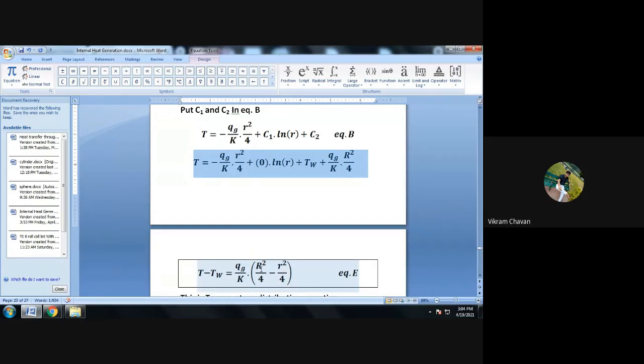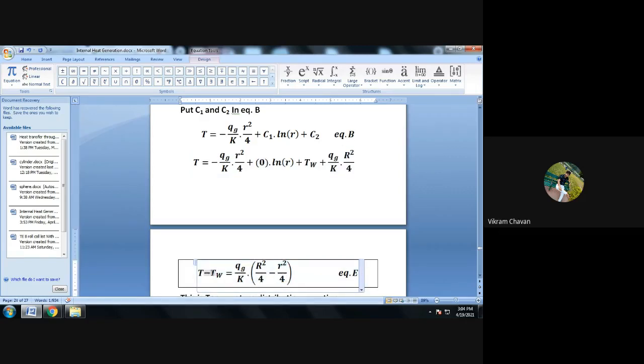Capital R is the total radius of that particular rod, and small r is the location in the rod where we want to determine the temperature.